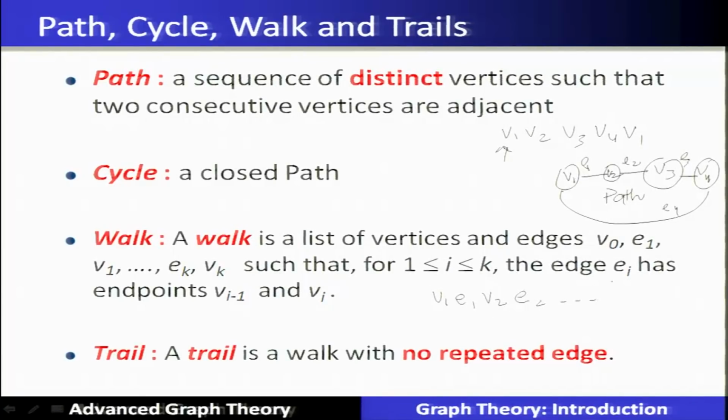Here we have to write V0, V1, V2, V3, so a particular edge Ei has the endpoints Vi minus 1 and Vi. Having this kind of list of vertices and edges is called a walk. A trail is a walk with no repeated edges. So, if the edges are distinct in a walk, then it is called a trail.